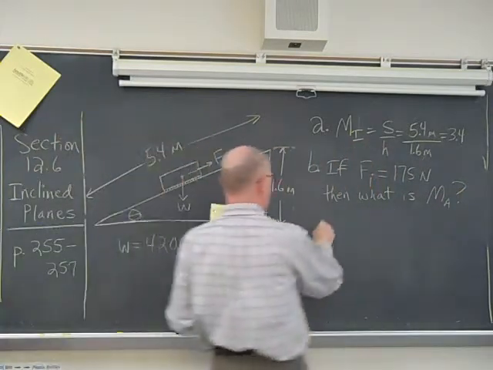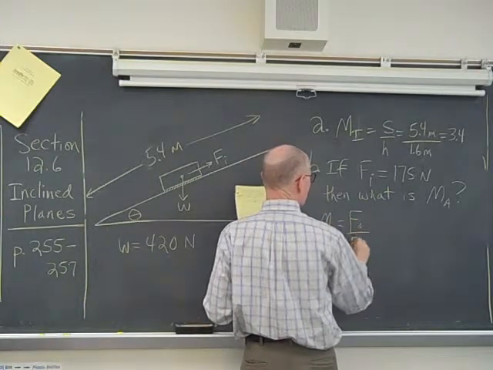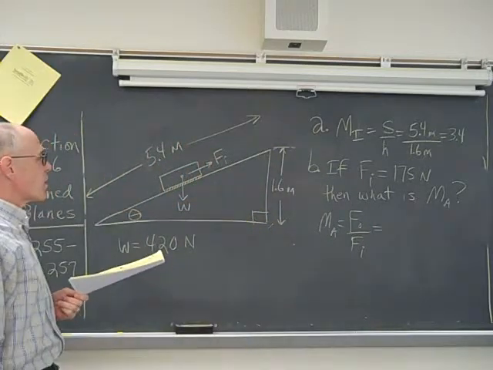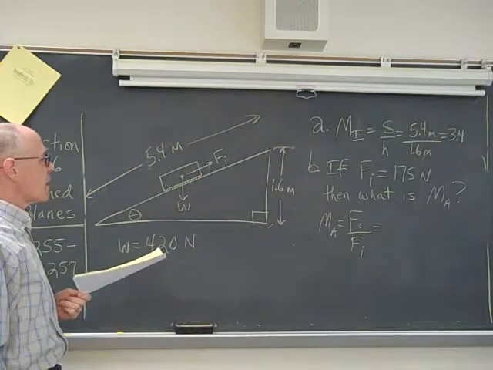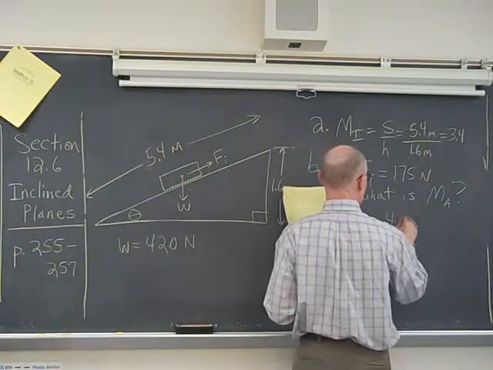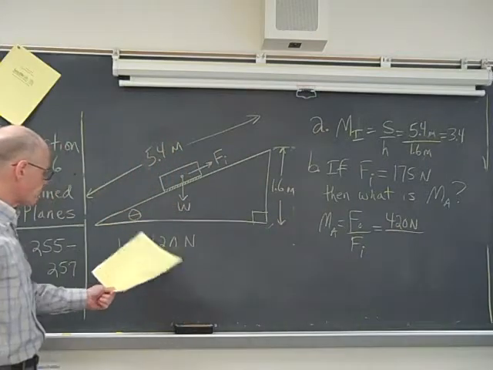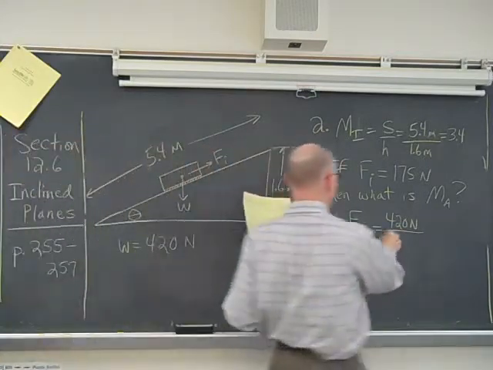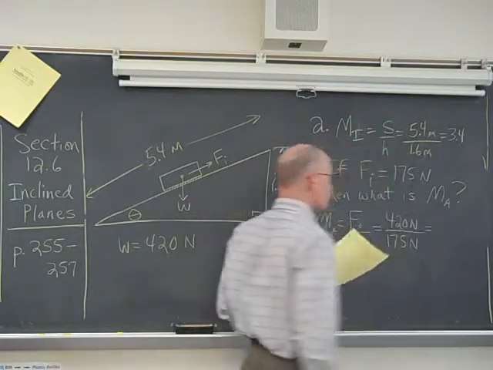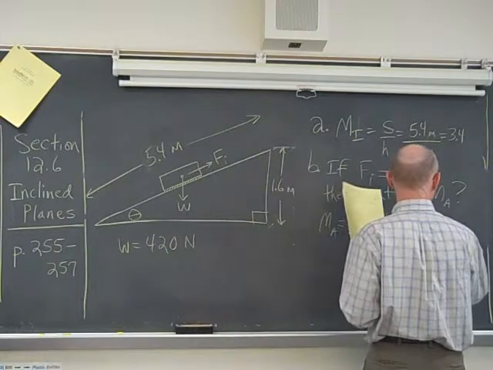So you remember that actual mechanical advantage is force out over force in. Force out is the same as the weight of the object, so that would be the 420 newtons that you were given, divided by the input force of 175 newtons, and if you divide that out, you get 2.4.